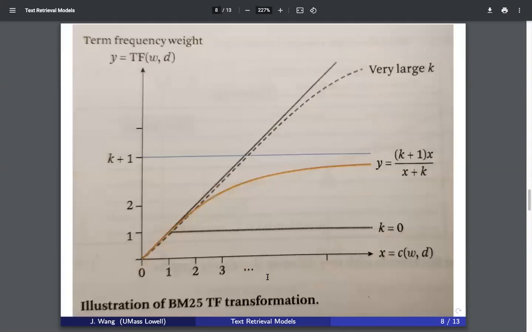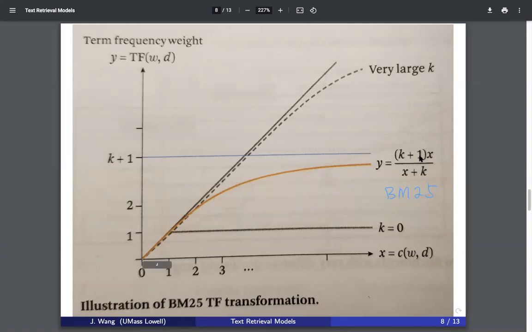Okay, so now let's look at what this function looks like. All right, so this is the best match 25, BM25, right here. For the value of k, when k is equal to 0, of course that curve is like this, and when you look at different values of k, then this curve looks like this.